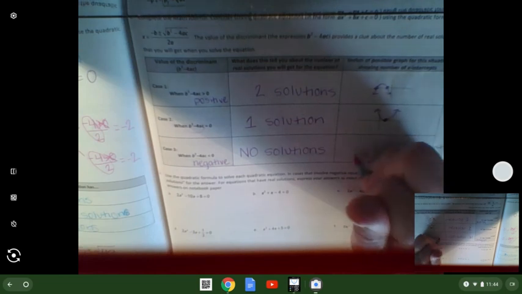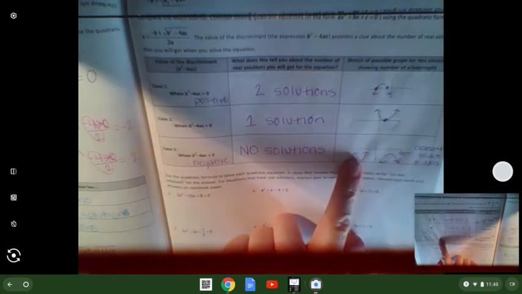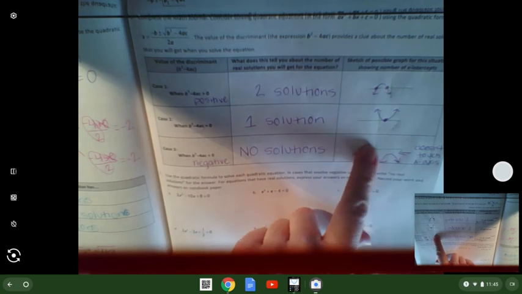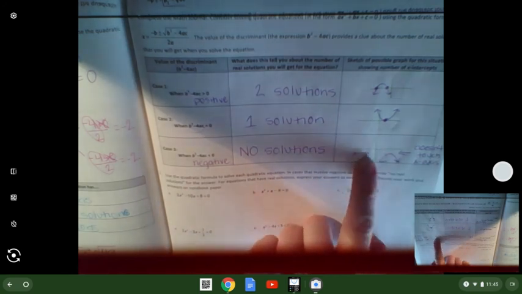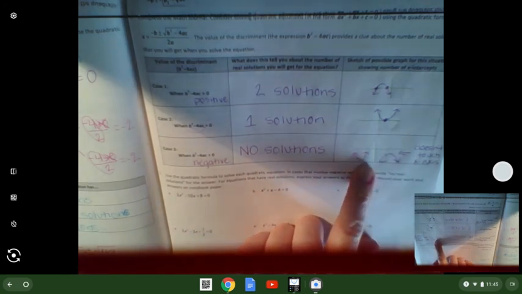Does this satisfy having a negative discriminant, having no solutions, meaning no x-intercepts? The answer here is no. This one, even though you don't see it crossing the x-axis, does cross the x-axis, because remember what those arrows mean. It means your graph is going to keep going.